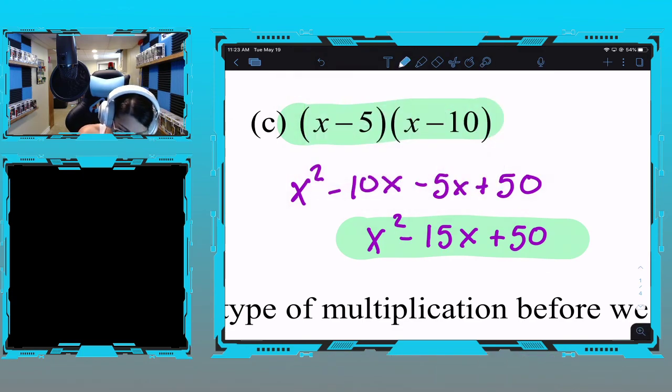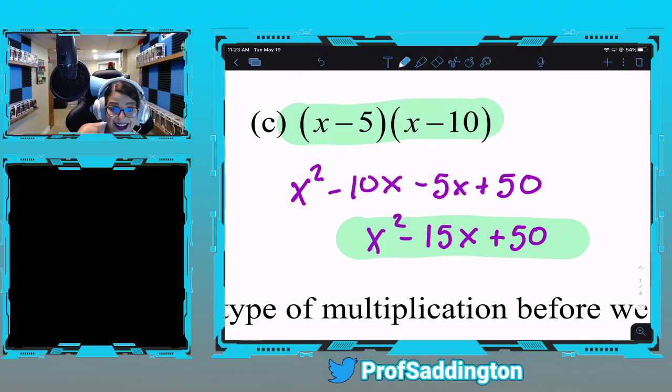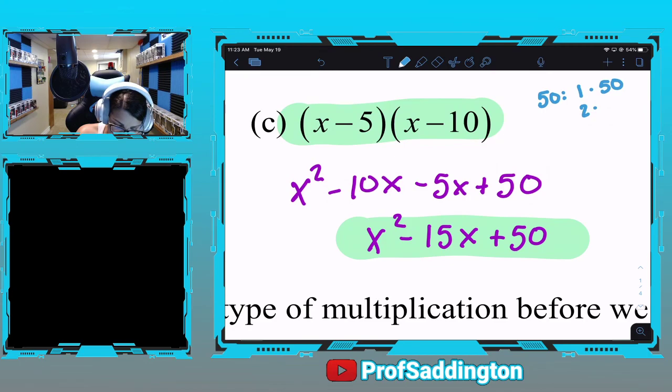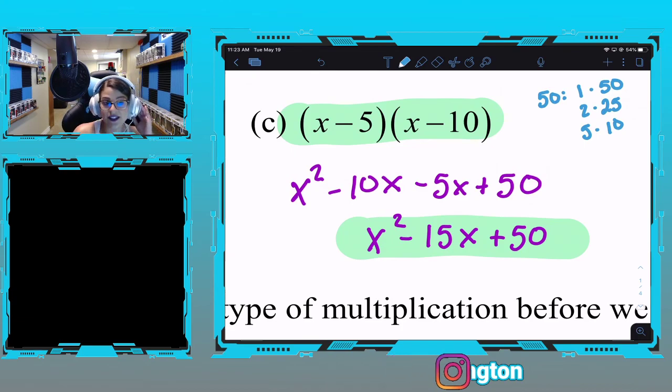So what multiplies to give me a positive 50? That would be 1 and 50, 2 and 25, 5 and 10. Now what's interesting about this one is we are combining to get a negative 15, but I'm multiplying to get a positive.